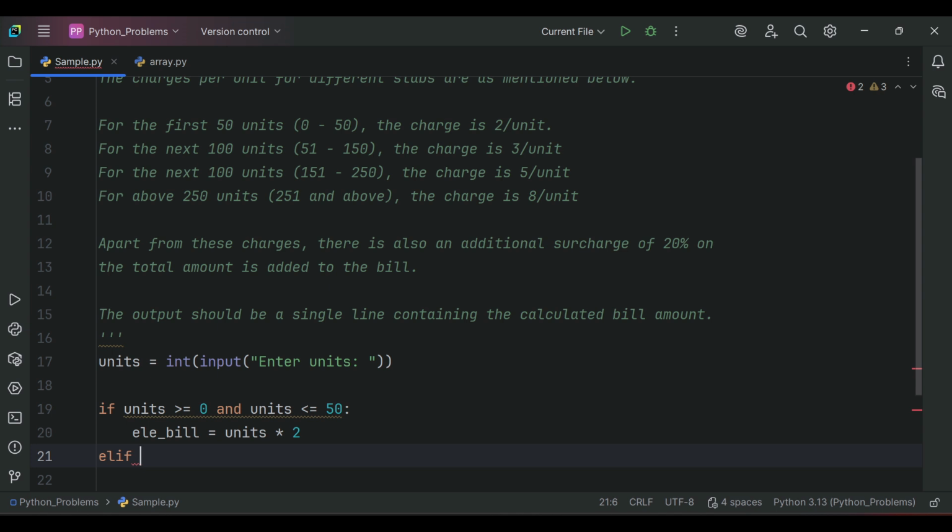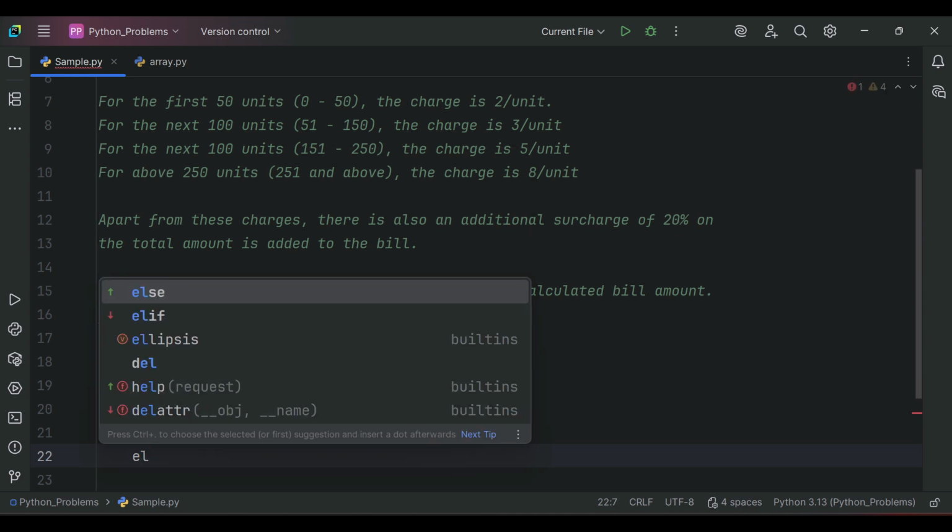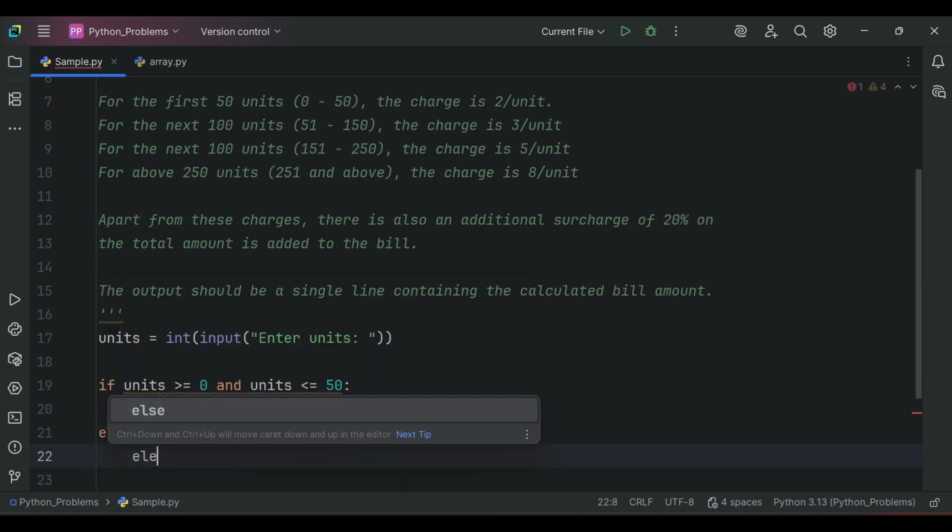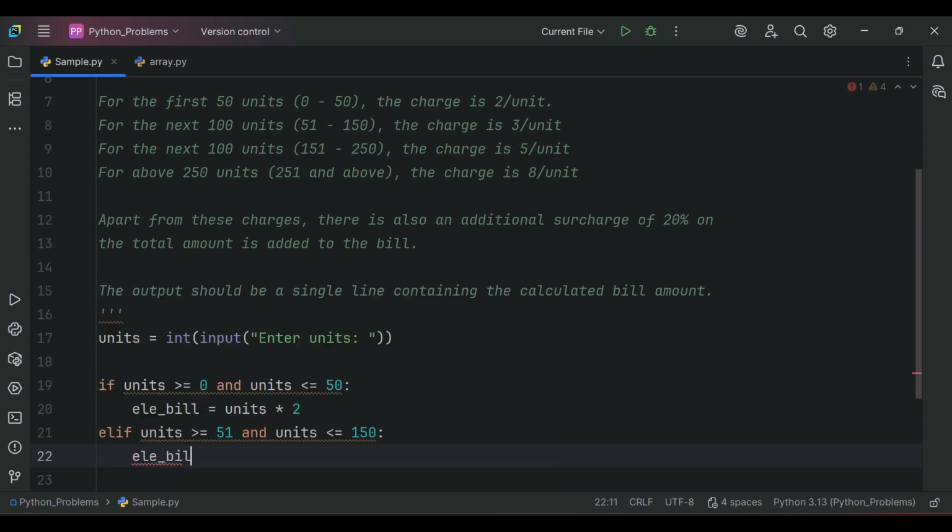That means suppose units is greater than or equal to 51 and units is less than or equal to 150, at that time the electricity bill is: first 50 units at 2 rupees, right? That's why take 50 into 2.